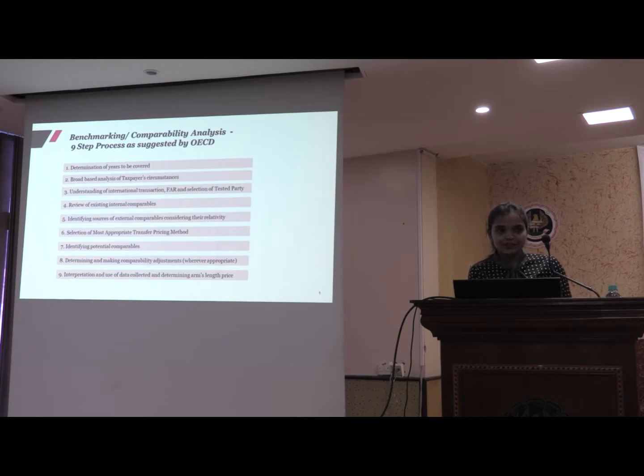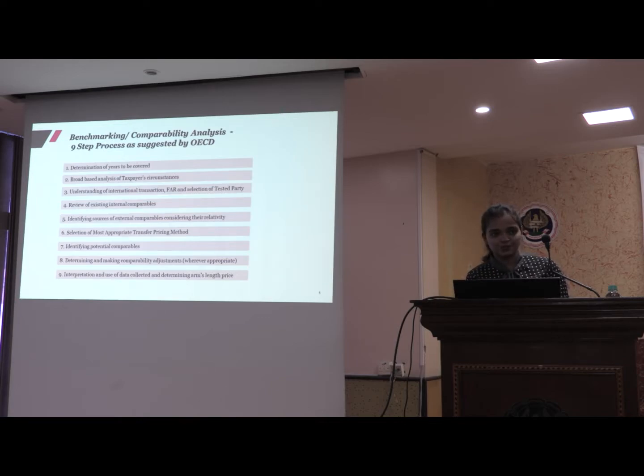7.1 says potential comparables, as we were discussing so far, that the comparable is to be potential, that is to be reliable and available to us. Then after arriving at the comparables, we have some margin, we have some price in place as a transfer price, and we see our price, which is the comparables price, and we see our transfer price, and if we see any difference in that, any functional difference, any accounting policy difference, we will be able to bridge that gap by making some adjustments to it.